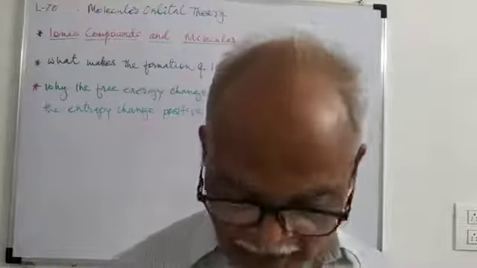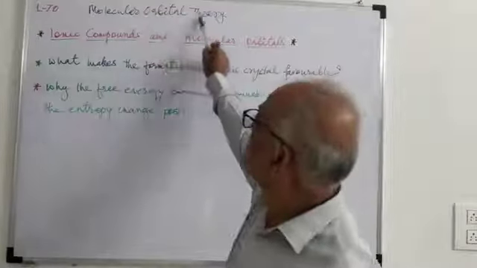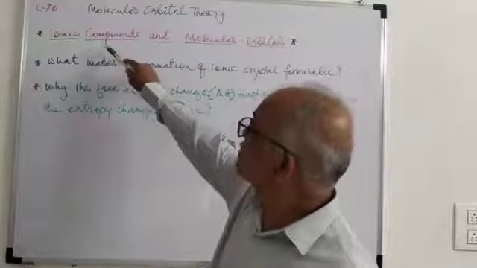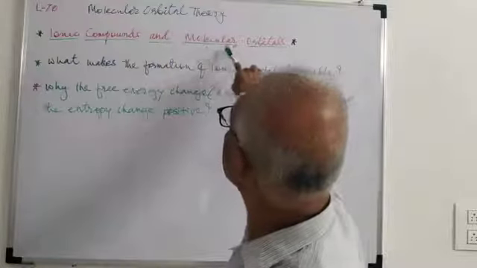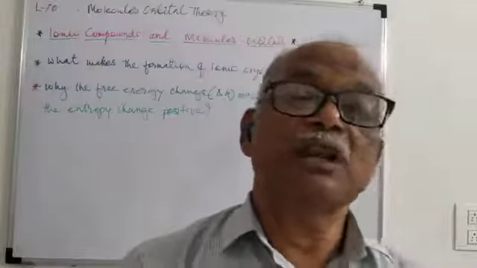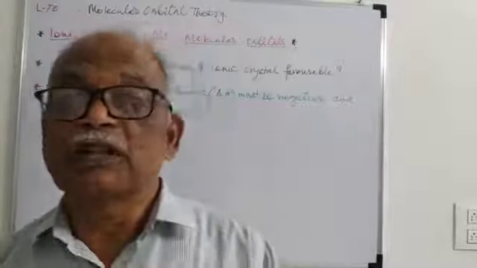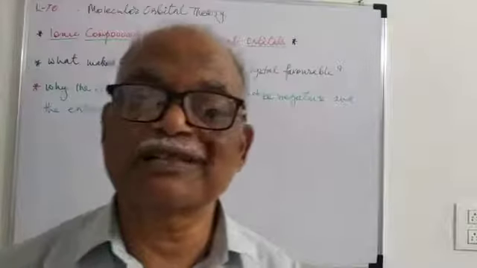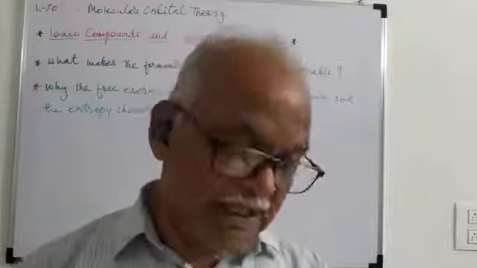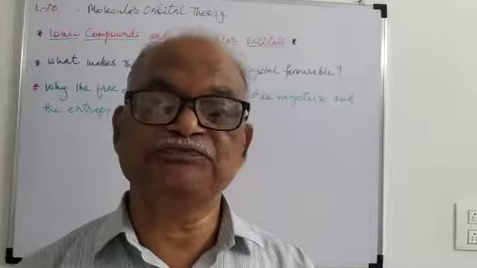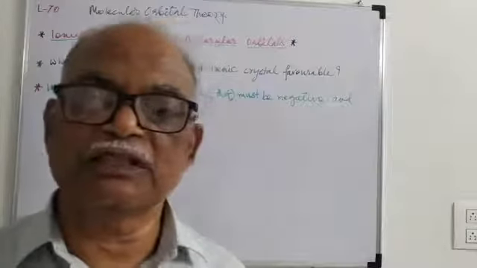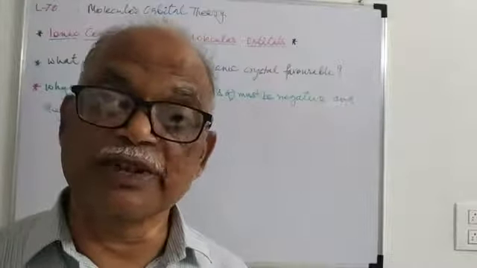We were discussing molecular orbital theory, and today we are going to see ionic compounds and molecular orbitals. Before this lecture, we were discussing the heteronuclear diatomic molecules. In that case, we have seen that one of the atoms is more electropositive and another atom is more electronegative.